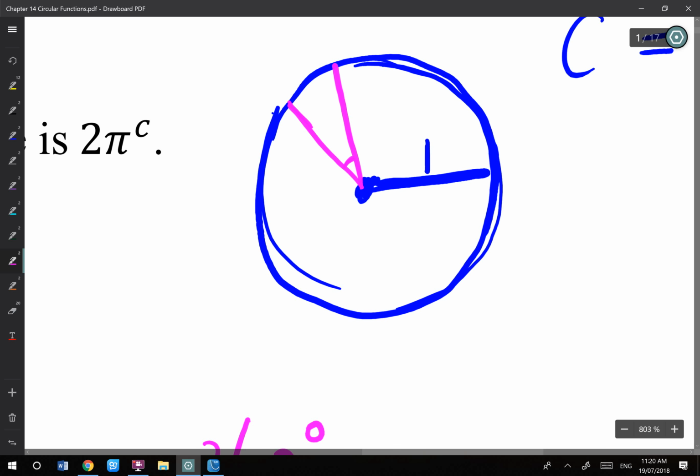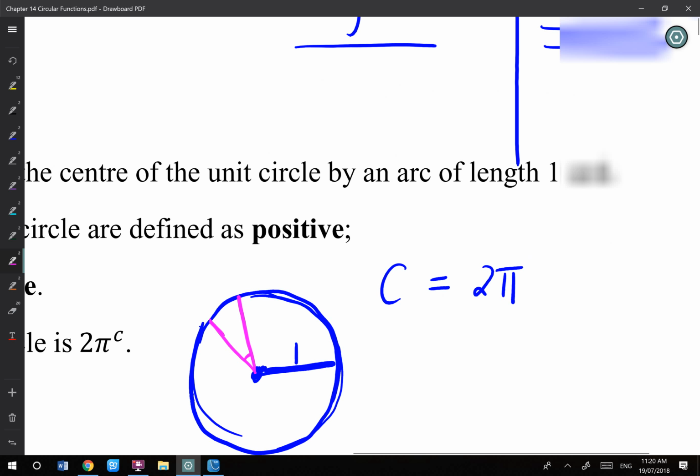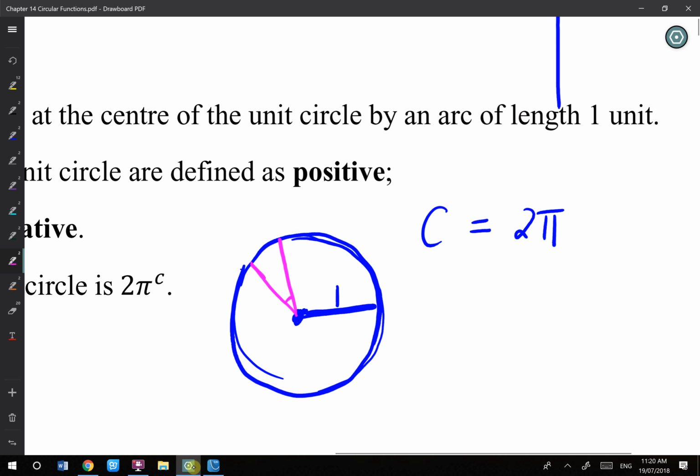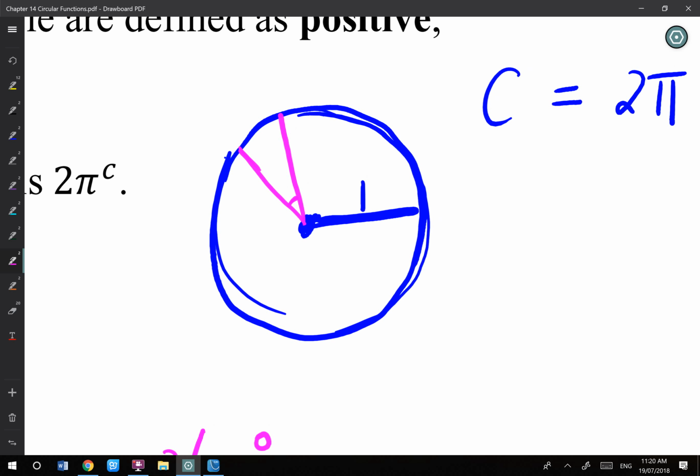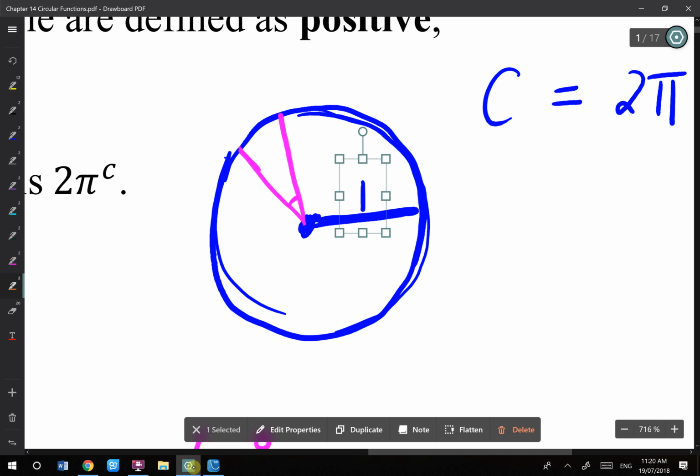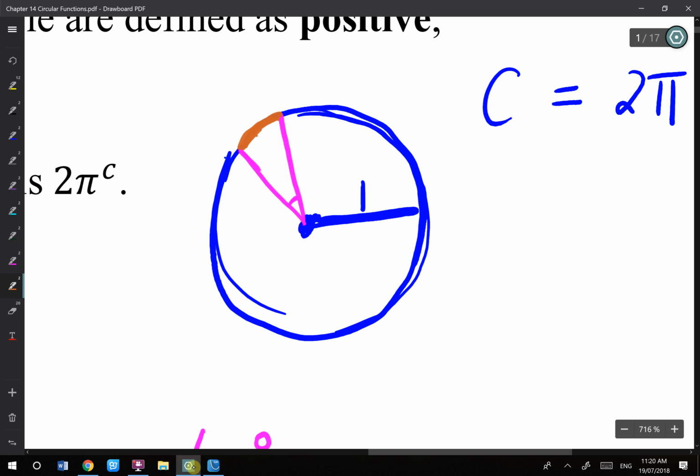But the requirement is an arc length of 1 unit. So what is an arc length of 1 unit? Here is the arc length. This length is 1 unit.